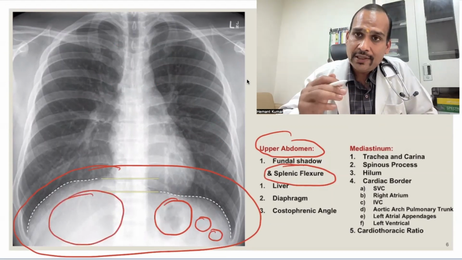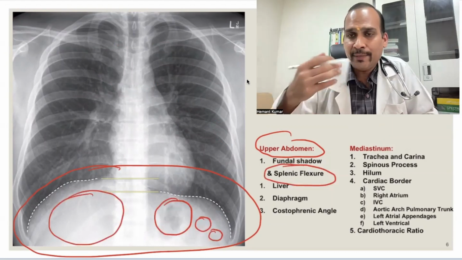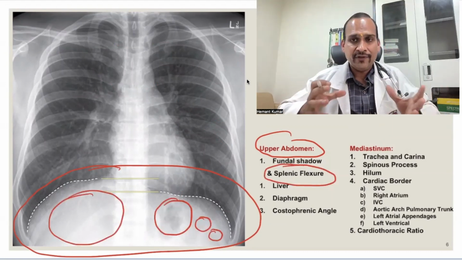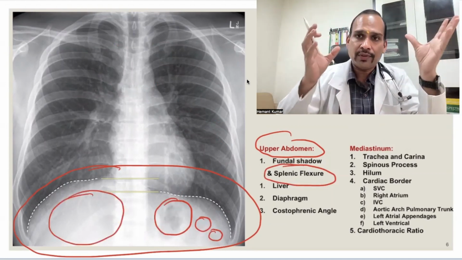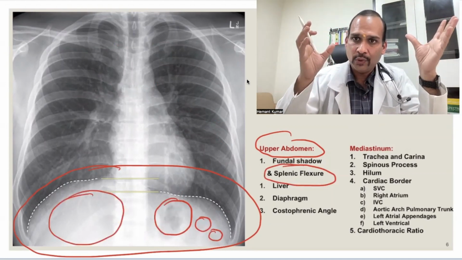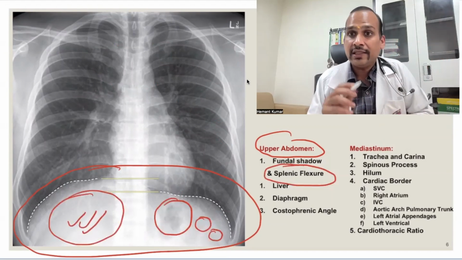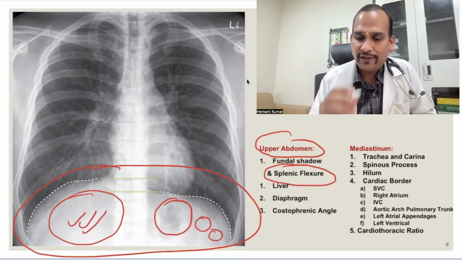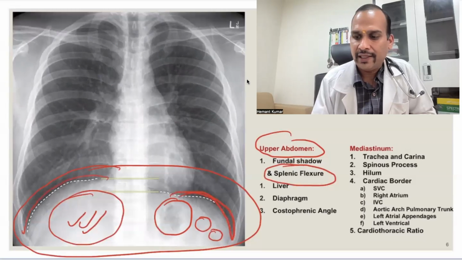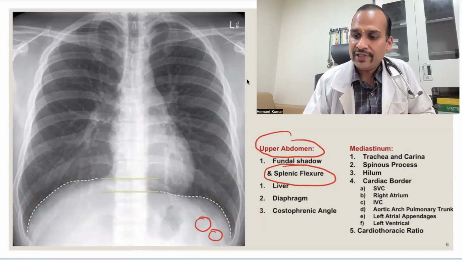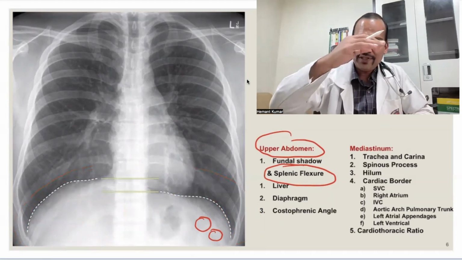If the liver has an abnormality like liver abscess or hepatomegaly, it will push the diaphragm upward. So here is the liver. Then the diaphragm. There are two diaphragms, left diaphragm and right diaphragm. Which is higher up and which is lower?